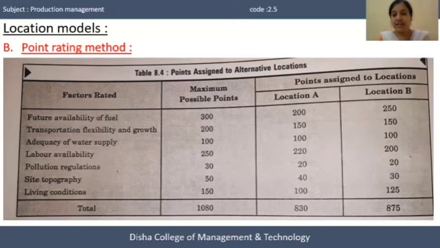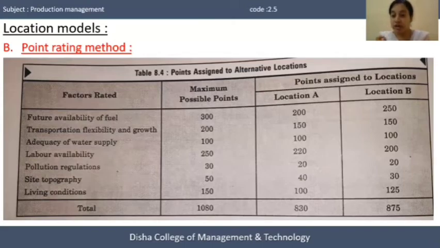After that, the industrialist has to calculate the sum for the various locations, meaning the sum of location A's points and the sum of location B's points. And at last, he gets location A having 830 points and location B having 875 points.